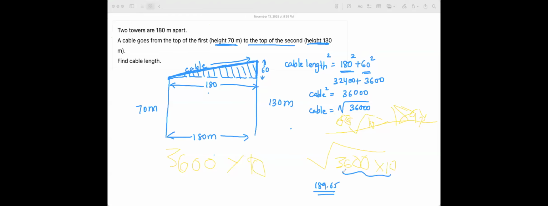Yeah, can I explain? Essentially, 36,000 is just 3,600 times 10, right? Correct, ma'am. But then, how did you simplify it to this? I'm explaining.